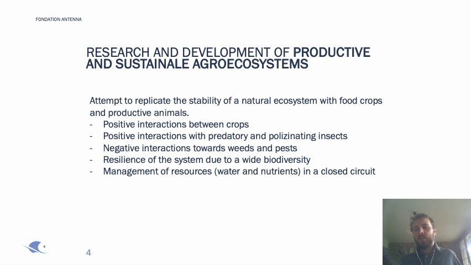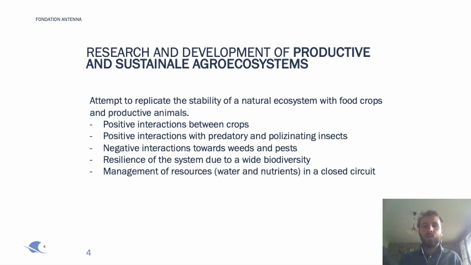So what we do at the agroecology unit is part of the goal of the Antenna Foundation. As I said, the Antenna Foundation aims at developing solutions to meet the needs of the people who need it the most on this planet. And this is why in the agroecology unit we focus on developing productive and sustainable agroecosystems. So what does it mean? It means we will develop an example of an agroecosystem.